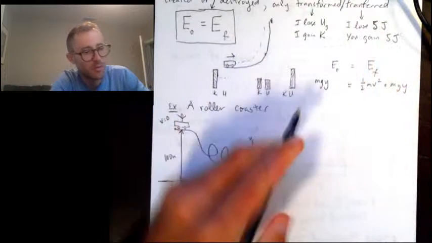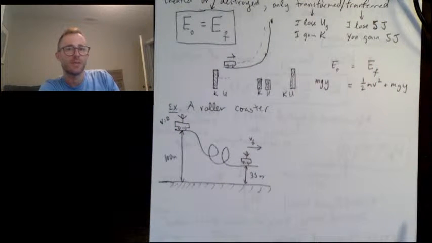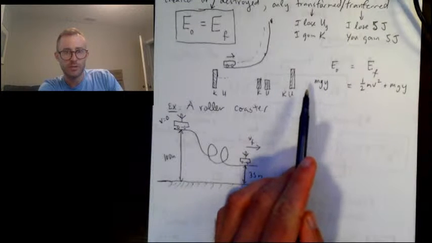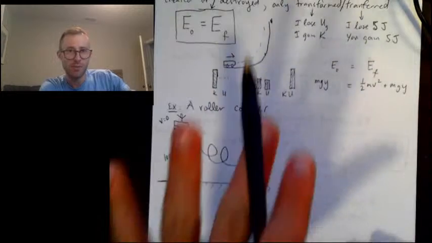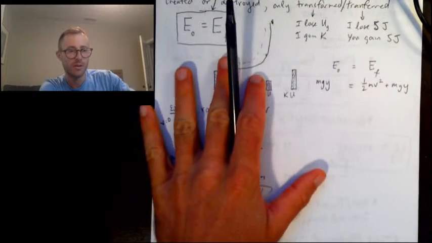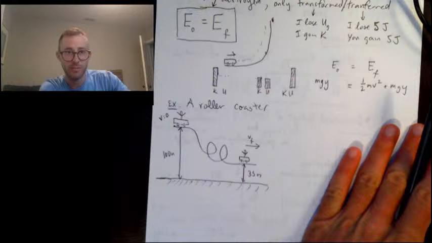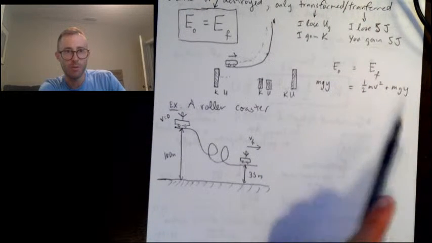We didn't get rid of all of the initial gravitational potential energy. So I would kind of call this the master equation of this problem. Okay? I've identified what forms of energy I start out with. I've identified what forms of energy I end up with. Okay? And it could be just one of them or both of them.